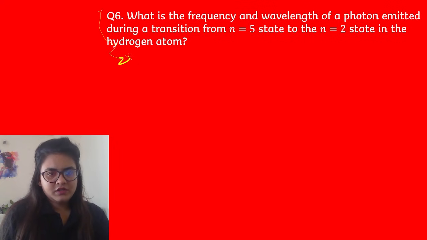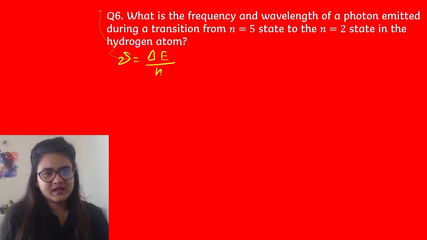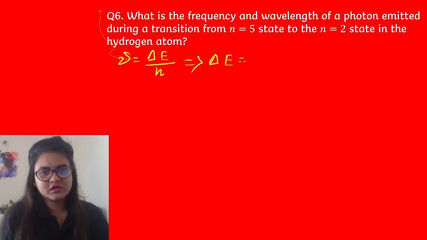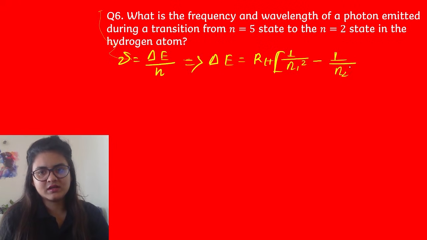Okay, so nu equals delta E by h, meaning E equals h nu. From here I can write it. So from that, I can write delta E equals the Rydberg's equation, right? RH into 1 by n1 square minus 1 by n2 square, right? So let's proceed and put the values here.